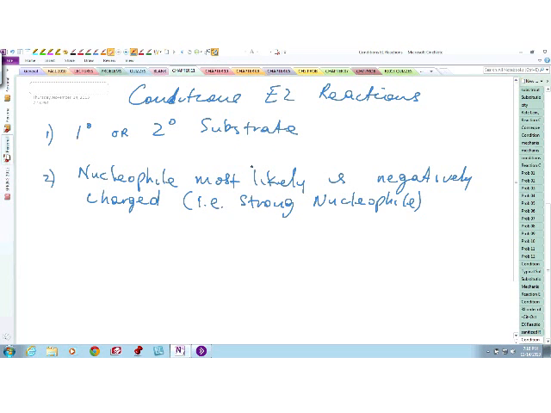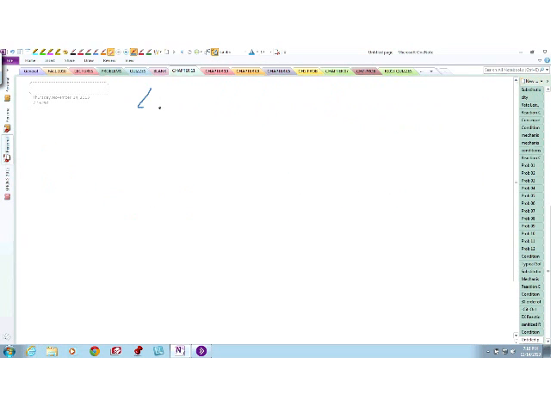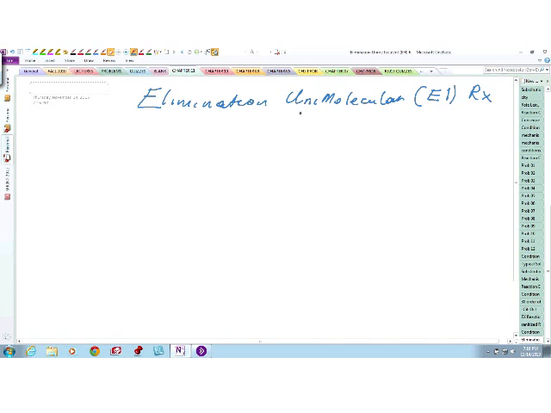Let us do the last reaction mechanism, which is the E1 reaction mechanism. Elimination, unimolecular, referred to as the E1 reaction.